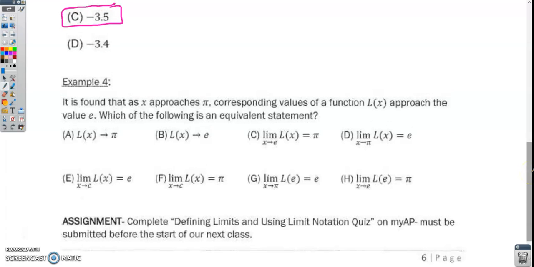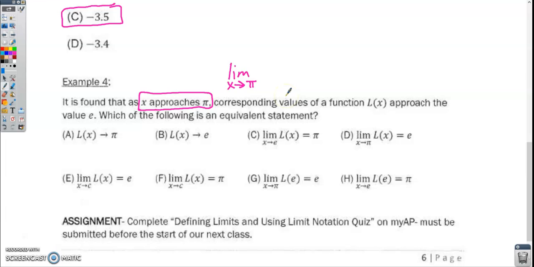Example 4, it is found that as x approaches pi, corresponding values of a function L of x approach the value e. Which of the following is an equivalent statement? So x approaches pi. So we're looking for the limit as x approaches pi of something.